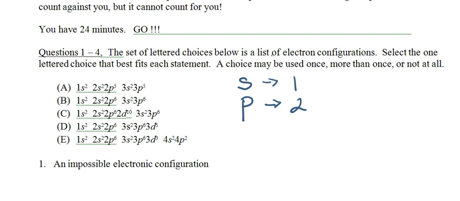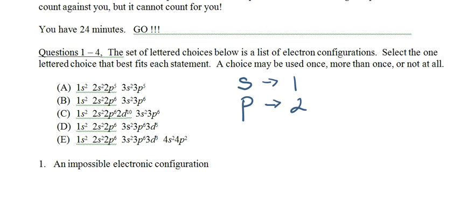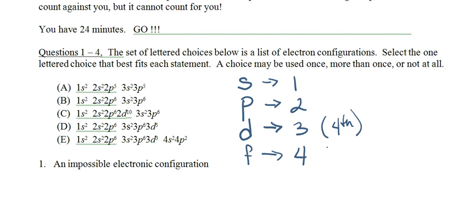Looking again at the periodic table, the p orbitals are over here, which start in the 2nd row. D orbitals begin in the 3rd energy level, which in this case is actually the 4th row. And the f orbitals begin in the 4th energy level, which is actually the 6th row. Okay, that's nice to know where these things are actually being introduced.